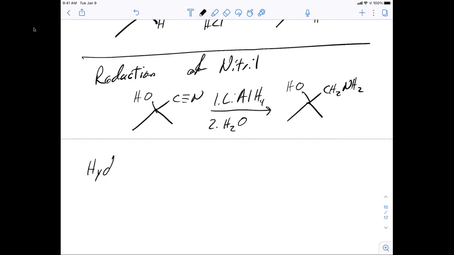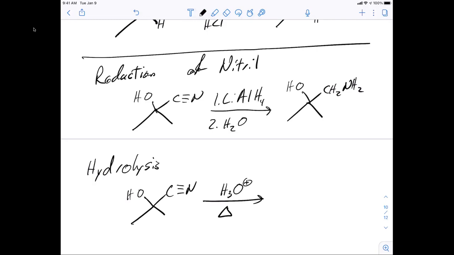The other thing that you can do with these is hydrolysis. I'm going to need heat, so acid, water, and heat with a cyanohydrin. Now this will hydrolyze the nitrile.